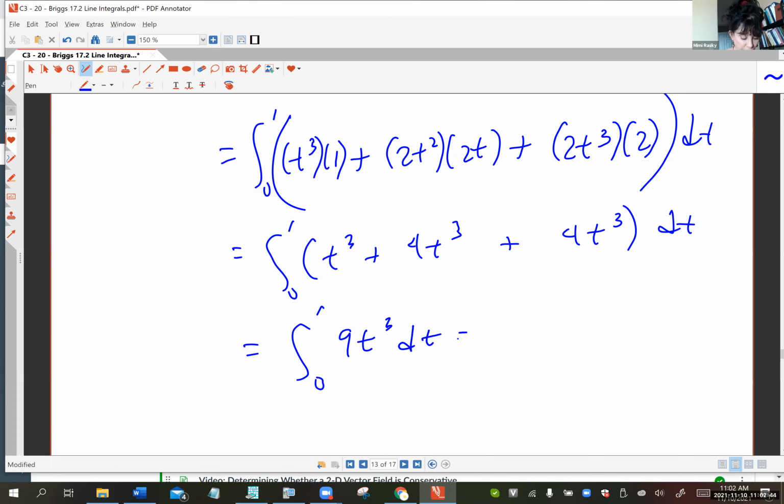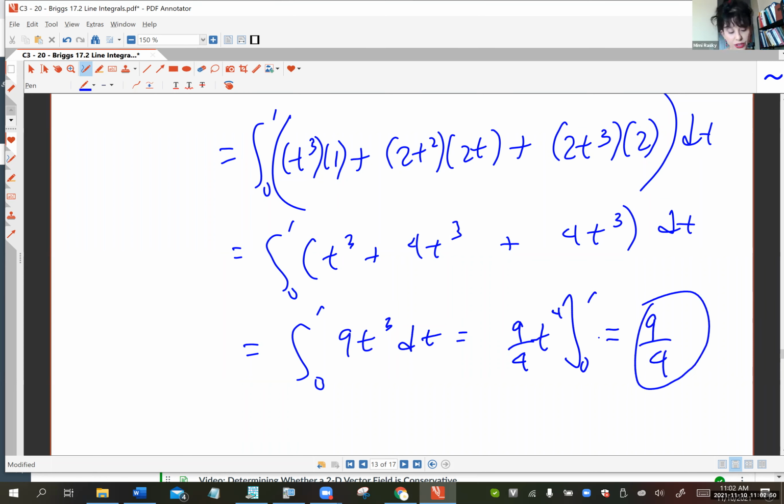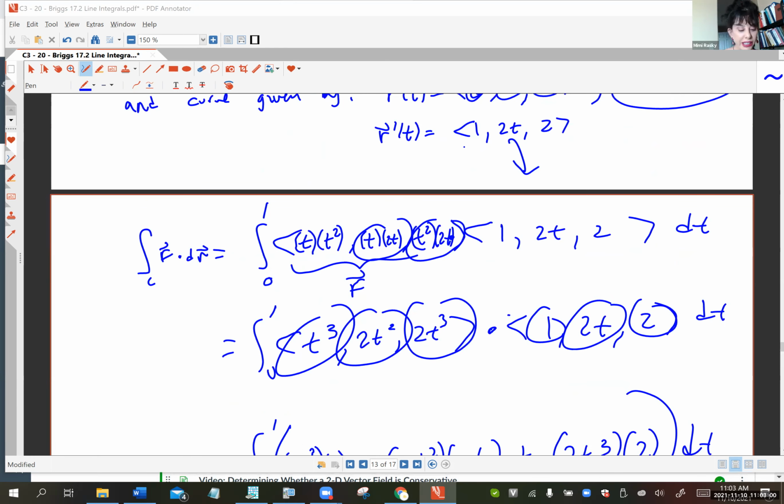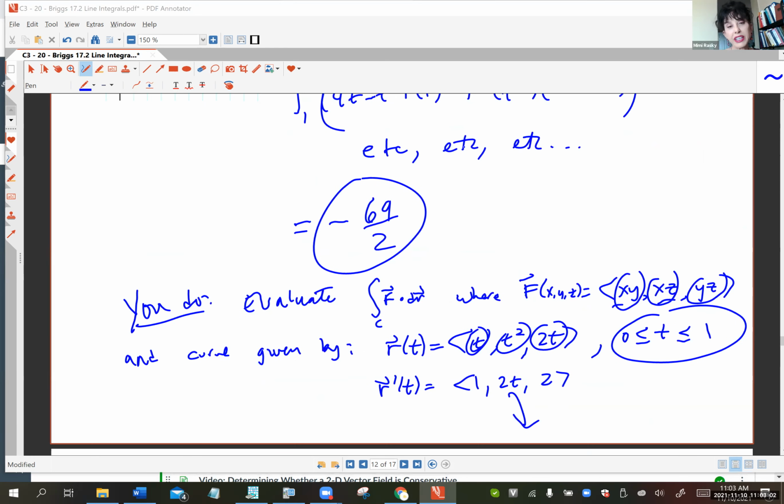And now we can integrate. That's easy. That's just going to be 9/4 t to the 4th, going between 0 and 1, and our final answer is 9/4. Everybody okay? So that's just an F dot dr line integral. Not too hard if the integration isn't hard.